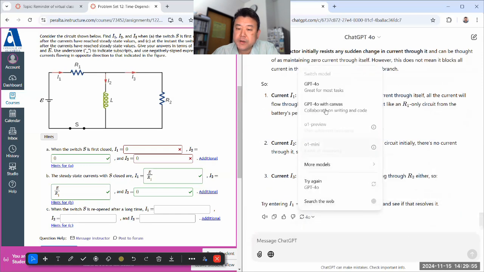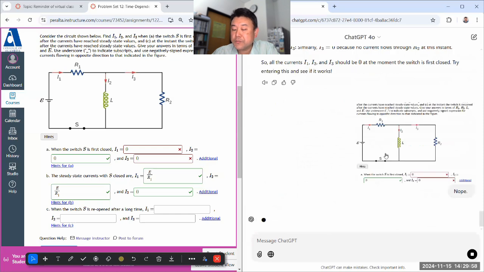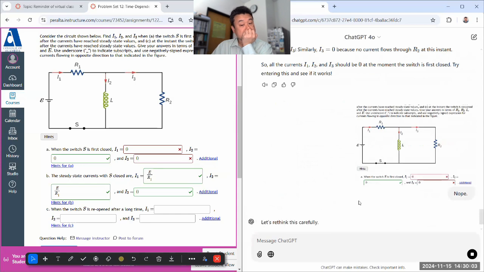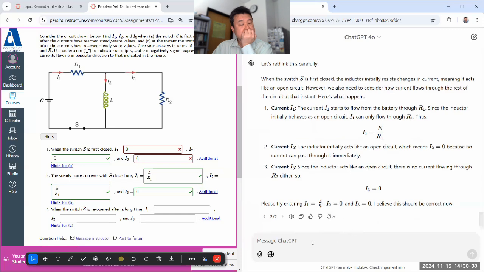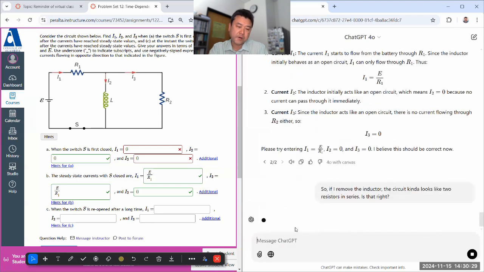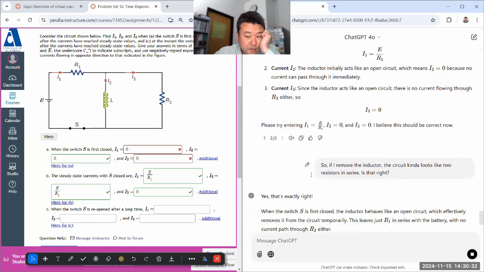Let me see if I do the other model, maybe it'll get it right. Let me nudge it a little bit. If I remove the inductor, the circuit kind of looks like two resistors in series. Is that right? Once you realize this far, then you can answer it.